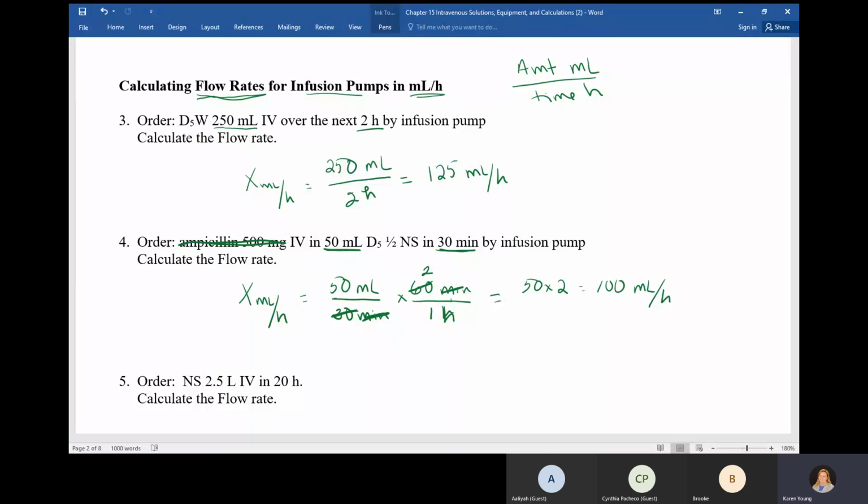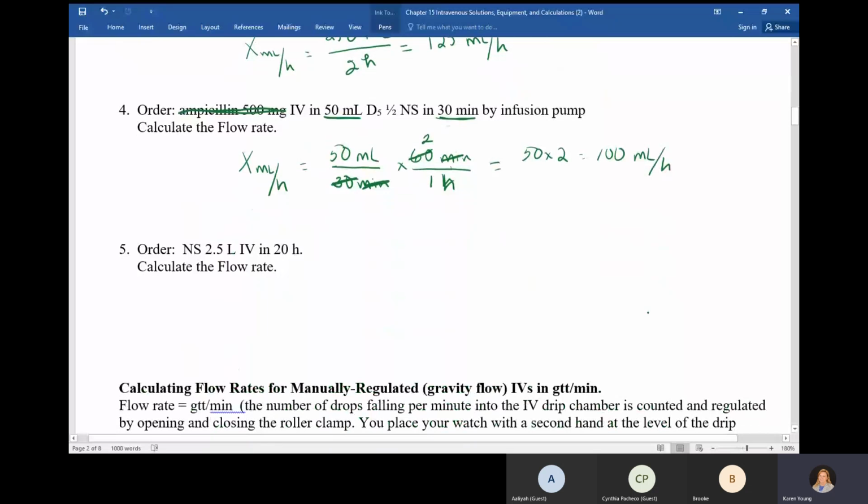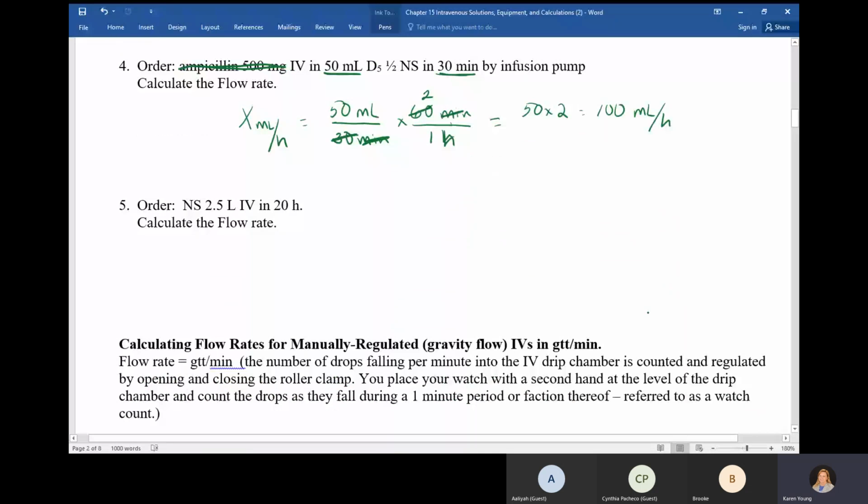Okay, are we okay so far? All right, so number 5, you're going to work it the same way, except we've got a different conversion to use. It's in liters, 2.5 liters in 20 hours. So I'm looking for milliliters per hour.